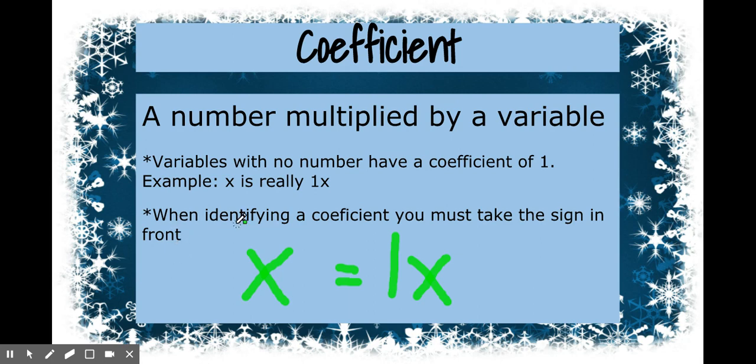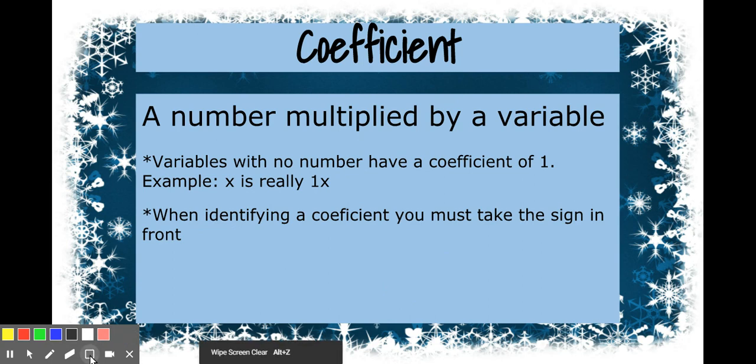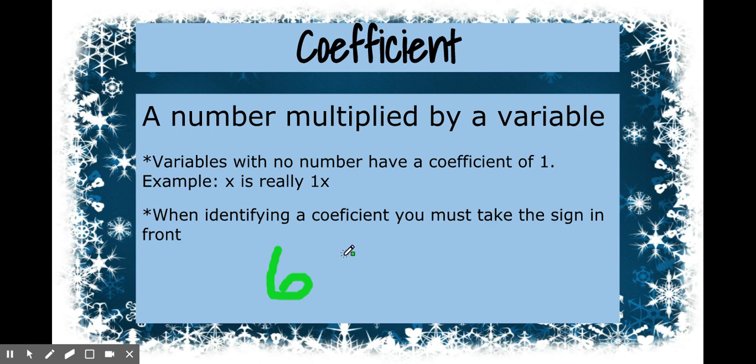Something else to keep in mind is when we're identifying coefficients, we have to make sure that we keep the sign that is in front. So let's say I have 6 plus 4w. Well, a coefficient is a number multiplied by a variable. So here I have 4 times w. So I know this 4 is my coefficient, but if I need to figure out whether it's going to be a positive or a negative 4, I have to pay attention to the symbol in front.